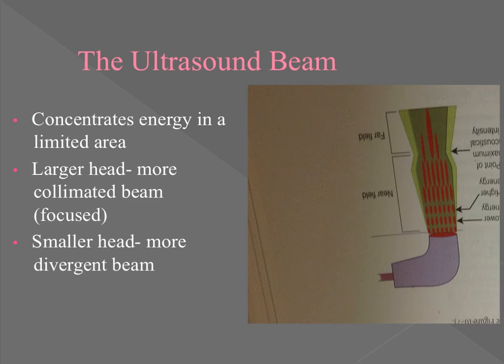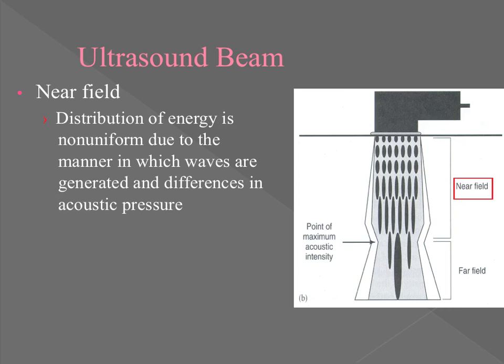And I know that's a hard concept to wrap our heads around, but larger heads typically tend to be more collimated. Smaller heads tend to be more divergent. The way I get students to think about this is to really, truly think about water hose and pressure. Okay, so I hope that's helpful for you all. So let's talk ultrasound beam, and then let's talk the different kind of anatomical structures in the actual beam itself.